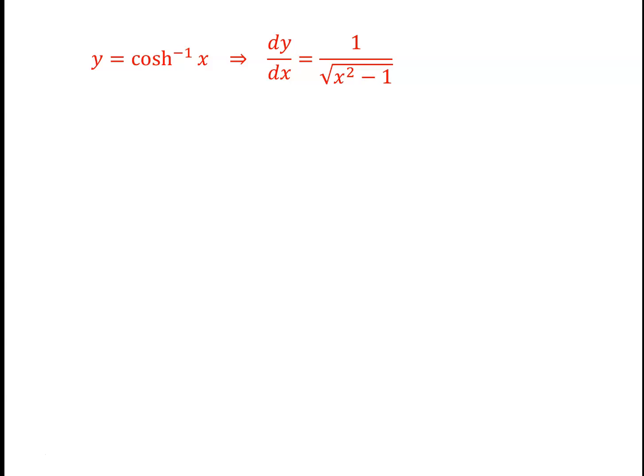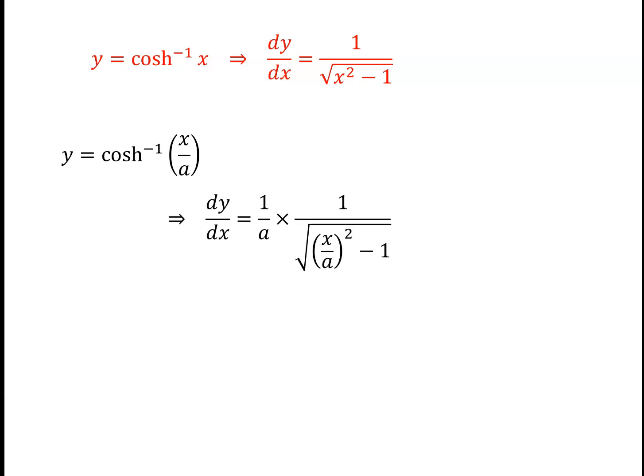Similarly, if I have y equals cosh to the minus 1 of x, I know that dy by dx is 1 over root x squared minus 1. Use of the chain rule will give me, if I have y equals cosh to the minus 1 of x over a, then dy by dx is 1 over a times by 1 over the root of x over a squared, take away 1.